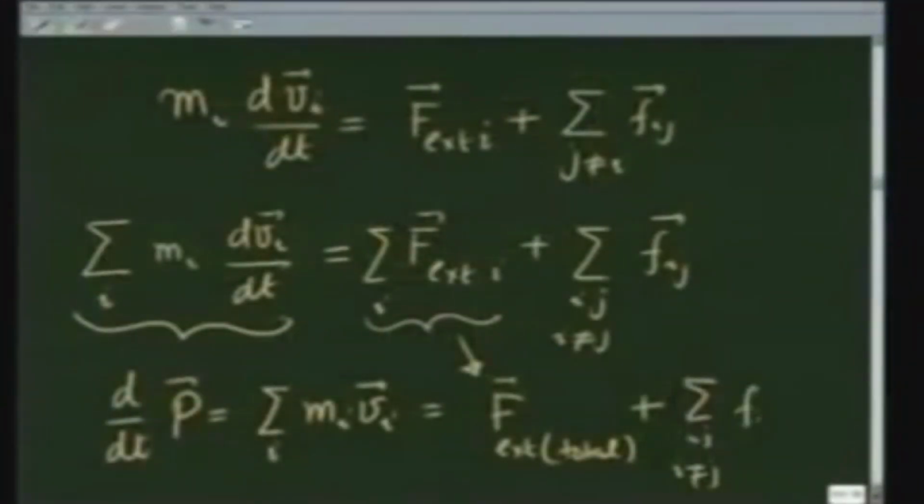This should be equal to the net external force, F external total, plus this term, summation over i, j, i not equal to j, of Fij. Let us see what this term adds up to. You can already anticipate it should add up to 0. How does that happen?